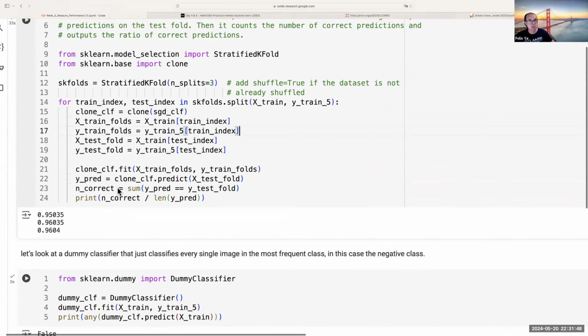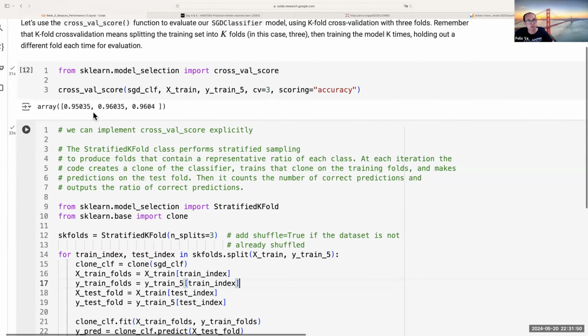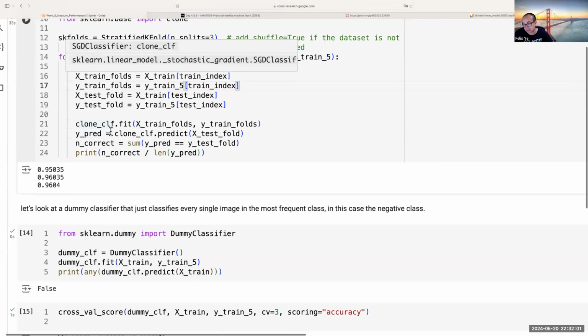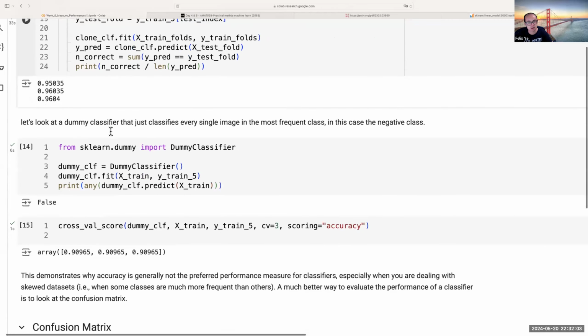So you spend almost 30 seconds to train this whole thing, and it's just 5%, or 4%, better than random, dummy guessing.